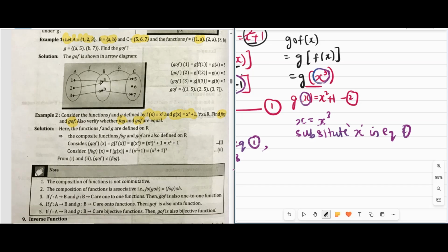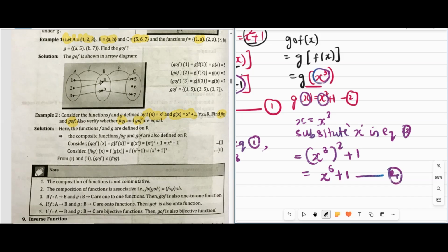Wherever we have x, we'll write x cube. So it is x cube whole square plus 1. That will be nothing but x to the power of 3 twos are 6, plus 1. So this will be your second answer. We'll call this 4.